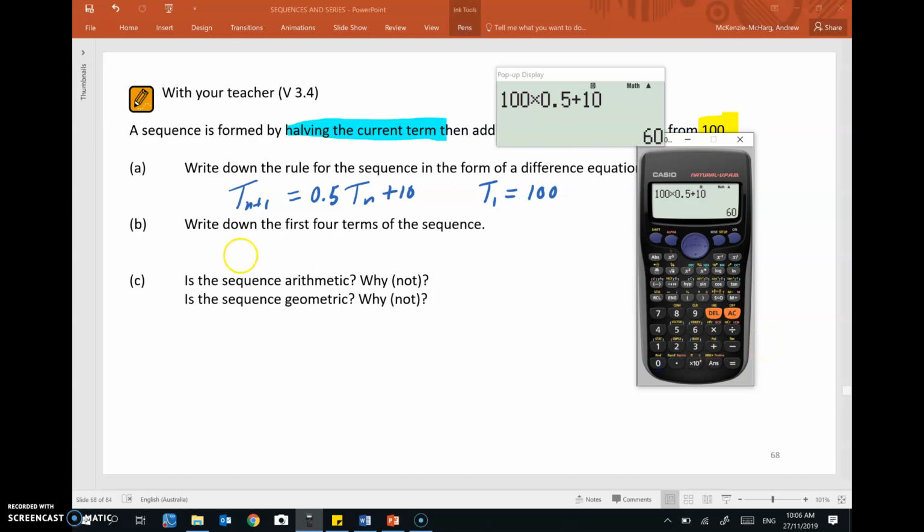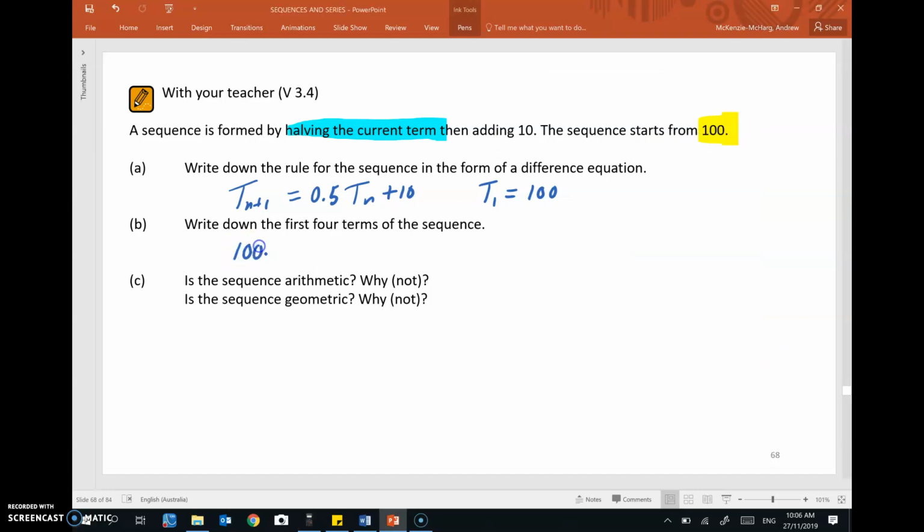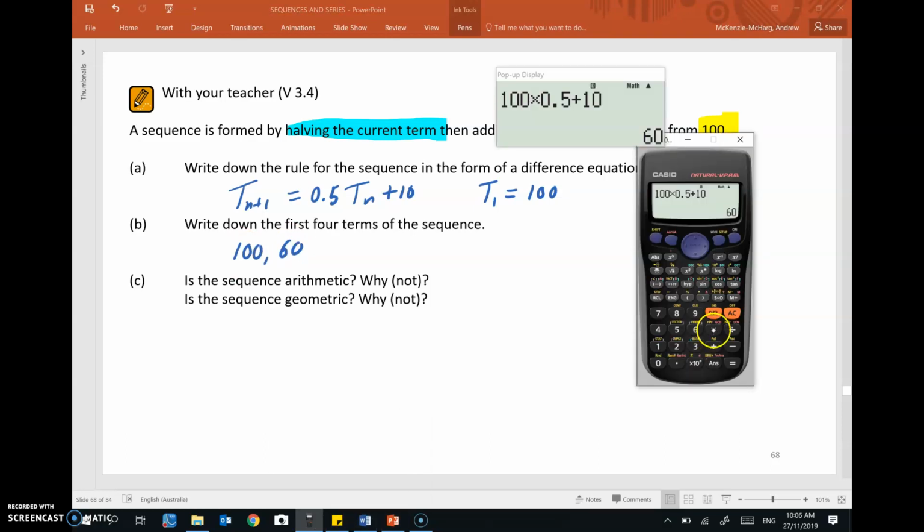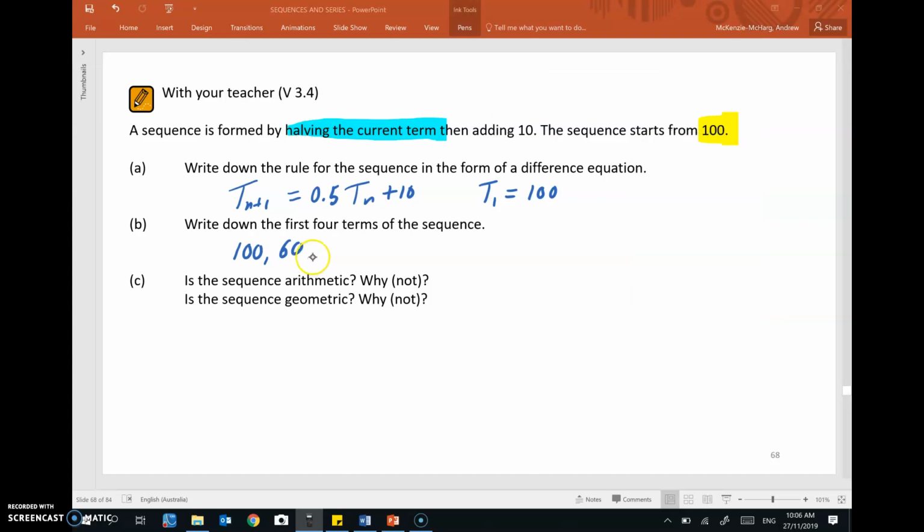So the first term was 100, and then we get 60, and then we can just multiply that by 0.5 and add 10, and the next term's 40. And one more term to go. You might want to pause and figure that out. And this one is 30.